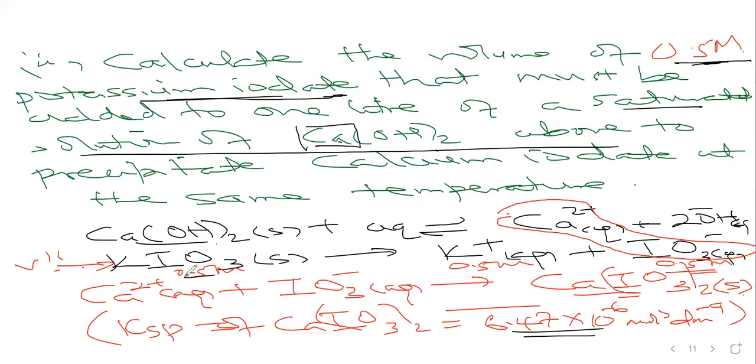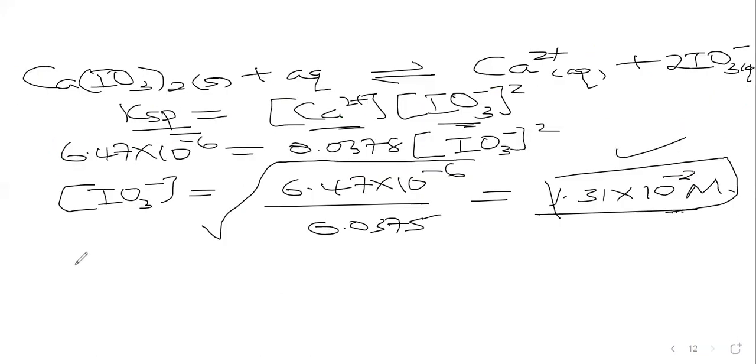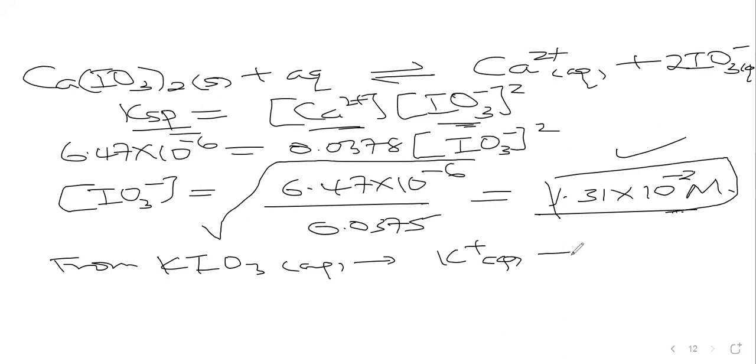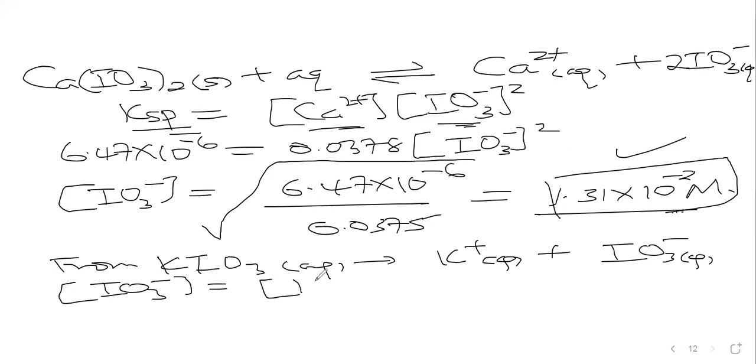According to this equation and using the molar ratio, from potassium iodate giving us potassium ions and iodate ions, we have it that the concentration of iodate ions is equal to the concentration of potassium iodate, which is 0.5 molar.